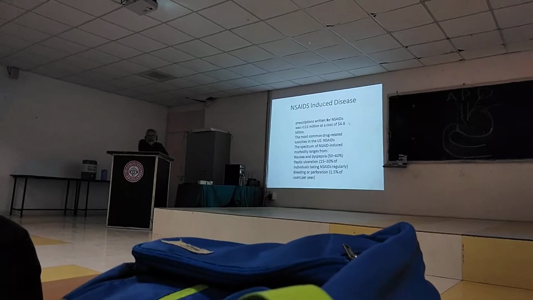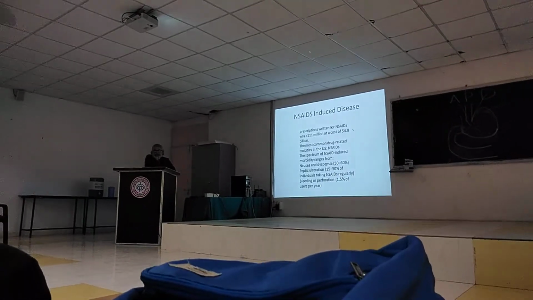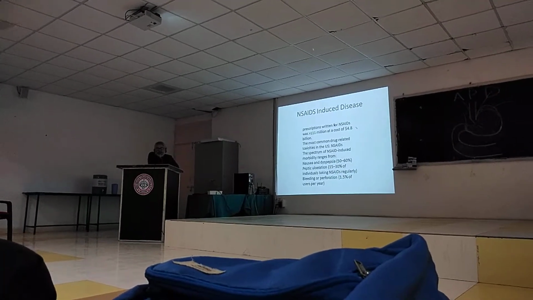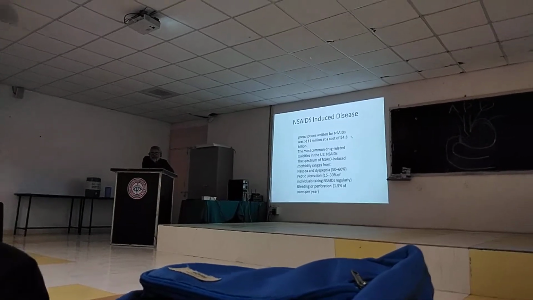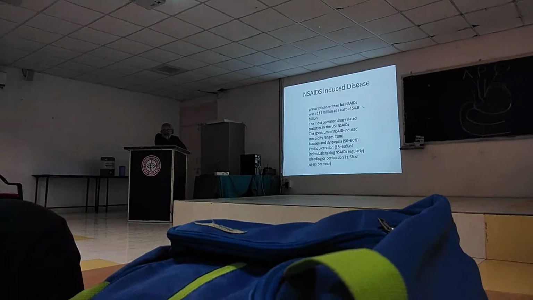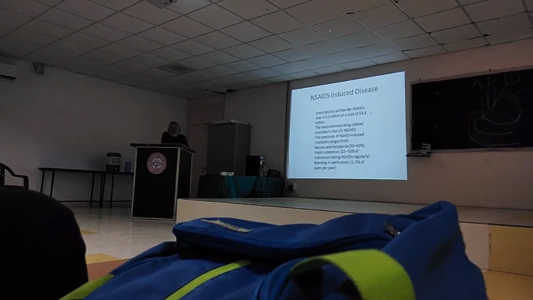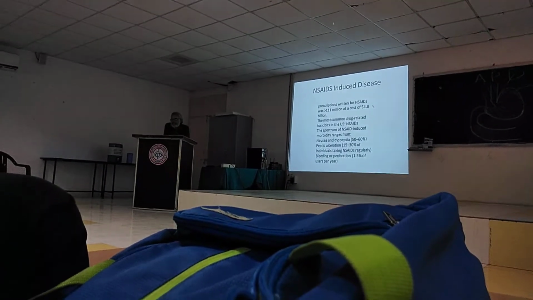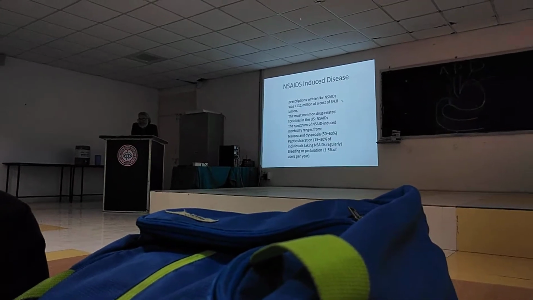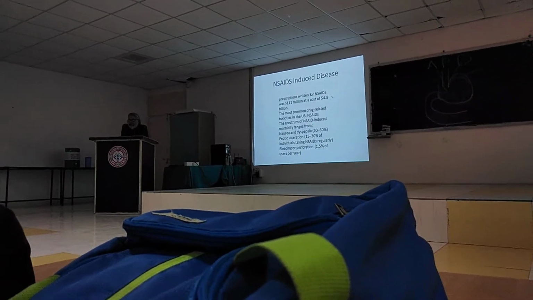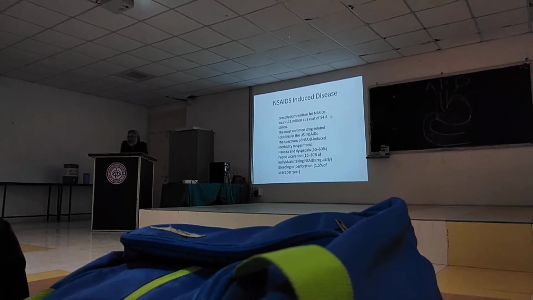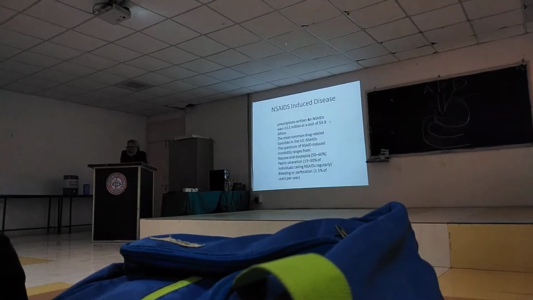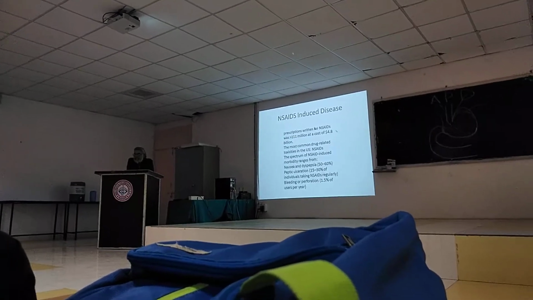And we know that NSAID causes the ulcer by the inhibition of a lot of things, especially the prostaglandin secretions. So if the prostaglandin secretions are inhibited in long term by the NSAID, then we know that prostaglandin helps in the repair and the alkalinity of the stomach.